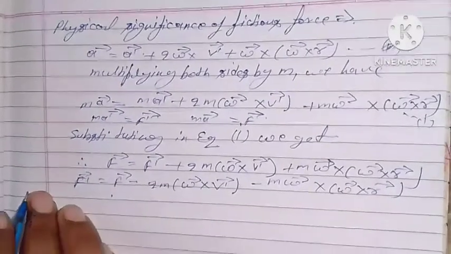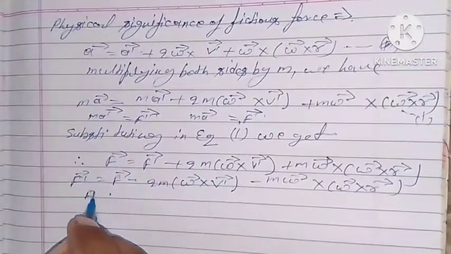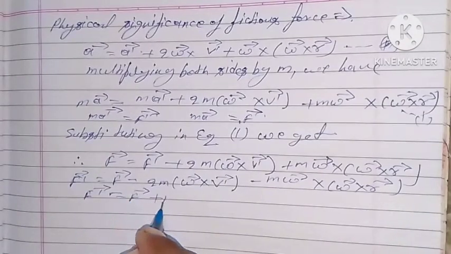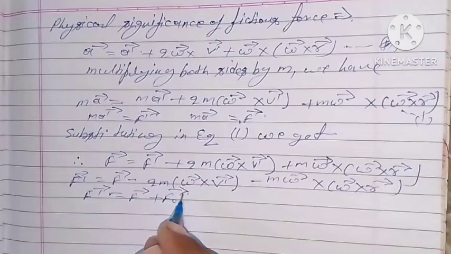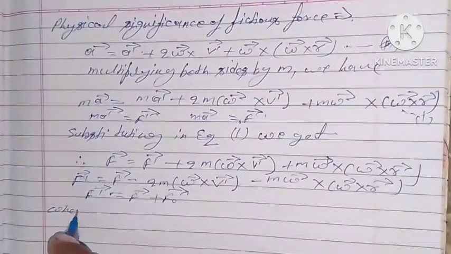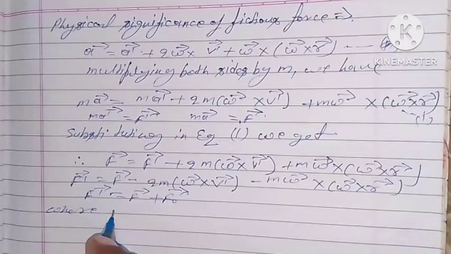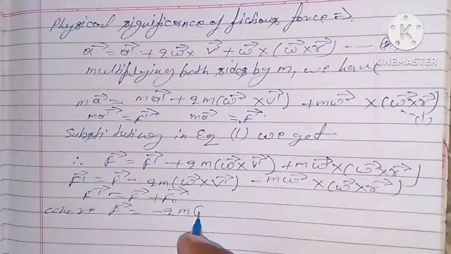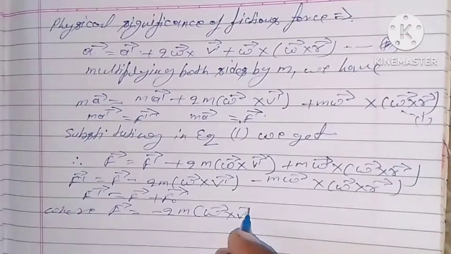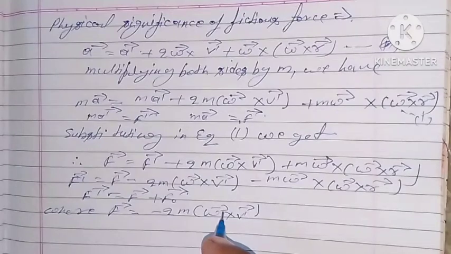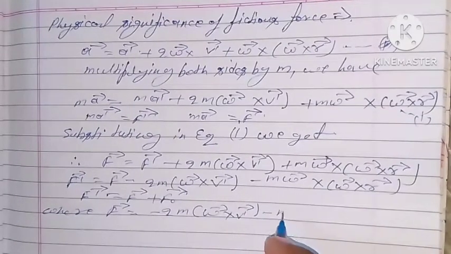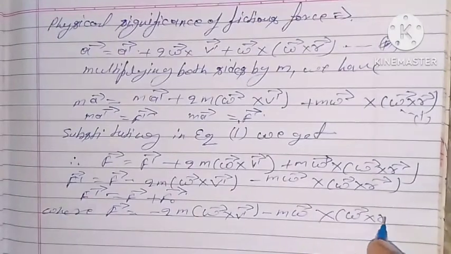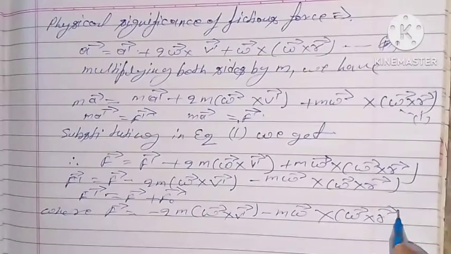So f dash vector equals f vector plus f0 vector, where f0 vector equals minus 2 m omega vector cross v dash vector minus m omega vector cross vector r is the fictitious force.